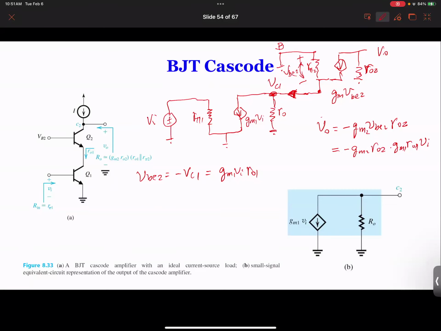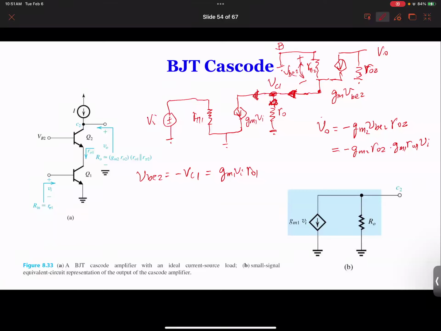If that current is not 0, there's current here, and this current here, right? So we need to be careful how to calculate those. When you consider all those coming in, you have a slightly different gain, but in this case, we neglected that current, so we got this gain.